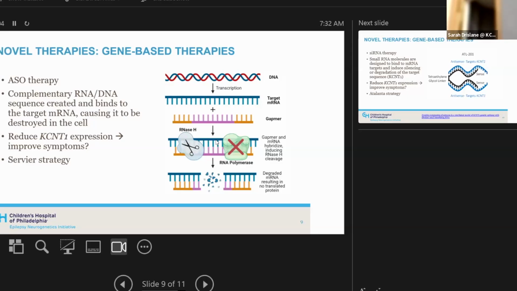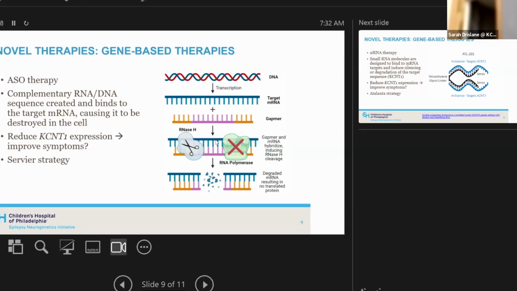KCNT1, the channel, is a protein. The genetic message has to get transcribed and then translated and made into a protein in order for that protein to do work in the cell. So in going from DNA to that protein, the cell creates what's called a messenger RNA, an RNA molecule that represents that DNA code, which the machinery of the cell can then turn into a protein.